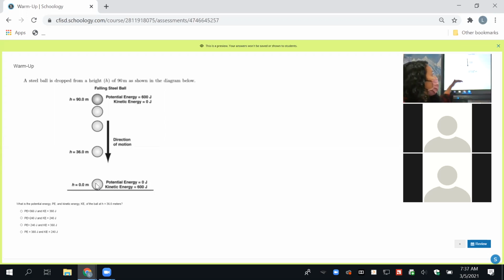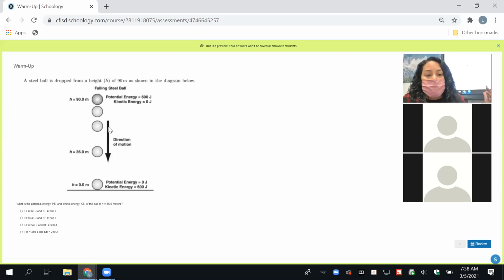And you know that the higher it is, like next to this one, right? It's losing PE, but it's still going to have more PE than KE, right? And maybe it lost just a little bit. Maybe it lost just 100 joules of PE right here. And since PE lost 100 joules, then KE would have that 100 joules.